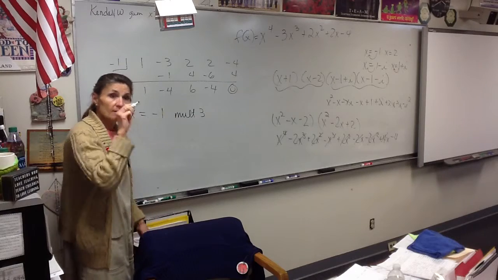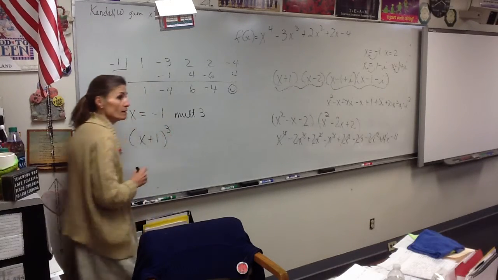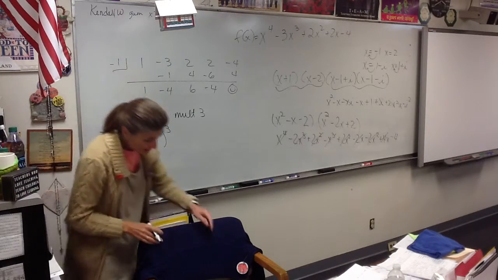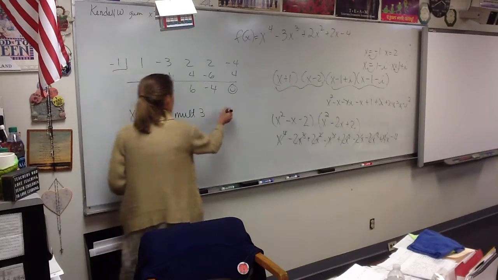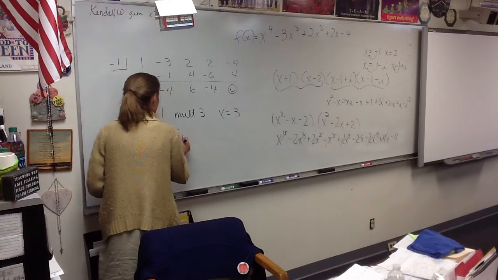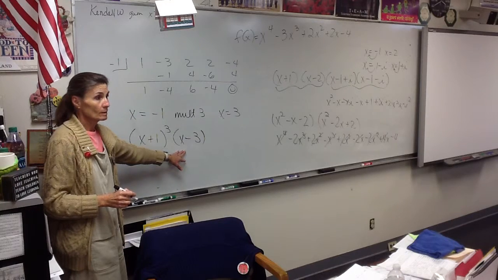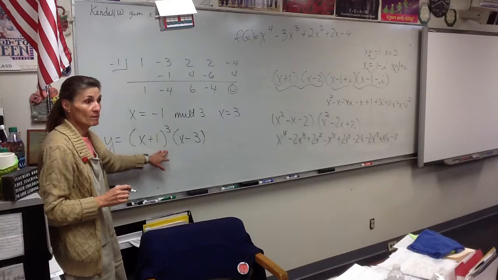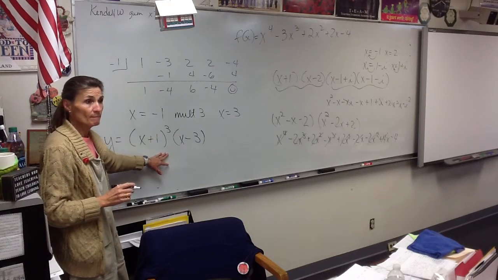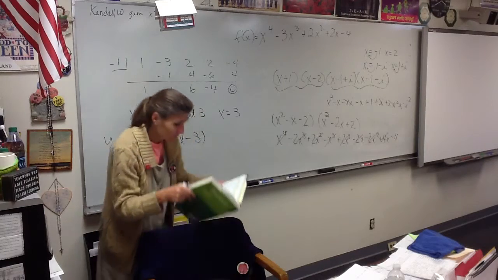It means it's cubed, so this would be x plus 1 cubed. And then x equals 3 has multiplicity 1, so that would be x minus 3. So this would be your polynomial, not multiplied out. That's all that means. Do not be confused by it.